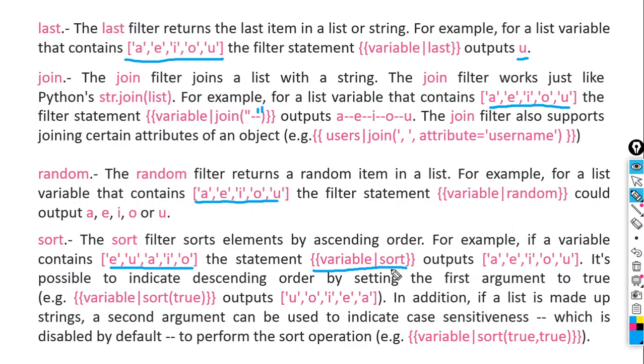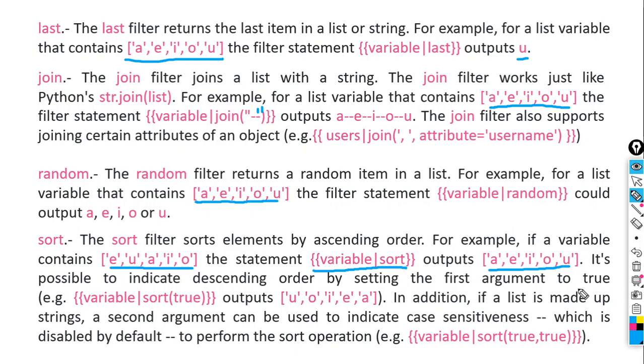So what it gives here is the output like this: A, E, I, O, U. Whatever data we input, whether that input is a string or list or dictionary, it will display the data in sorted format, in ascending order. So this sort filter is used to display the data in ascending order.